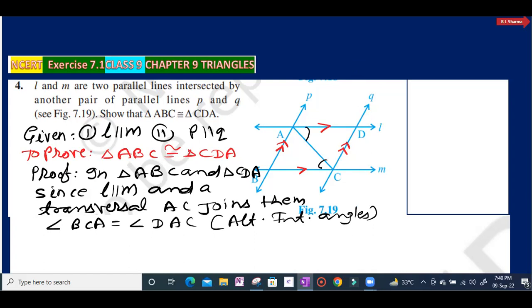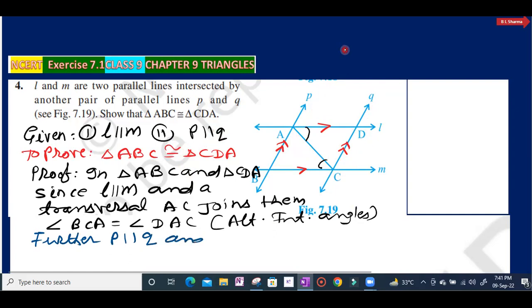Further, P is parallel to Q. It is given that line P is parallel to Q, means this line P is parallel to Q. And AC joins them. It joins P and Q also.